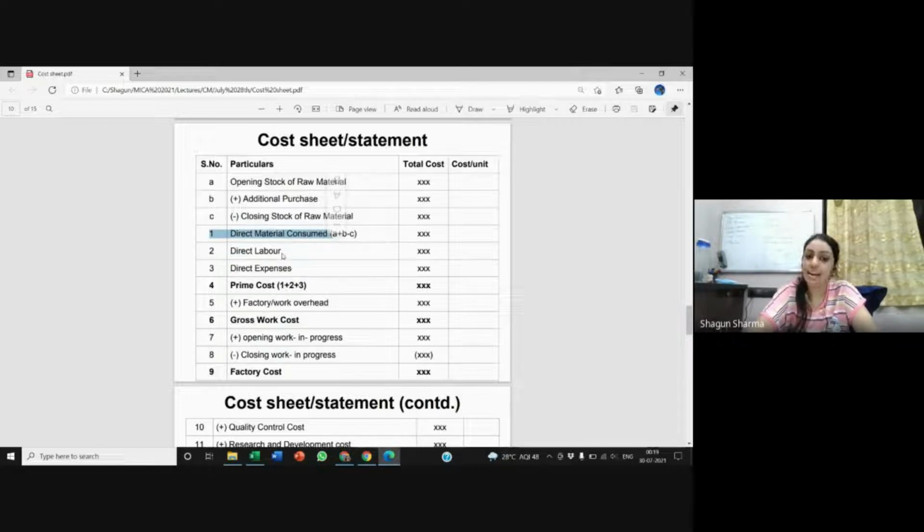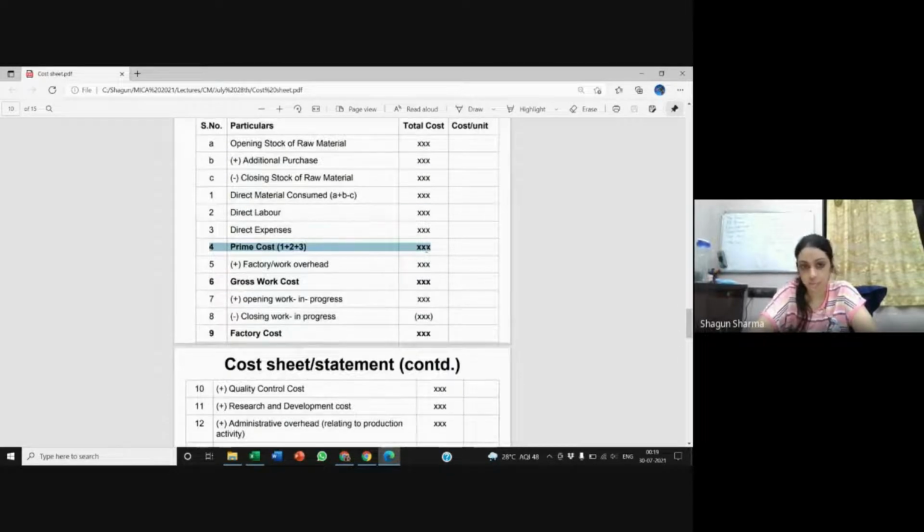To that, I add other direct costs like direct labor, direct expenses to get my prime cost. Okay. We've discussed cost classification in the first session. The first topic was cost classification, so I won't get into direct, indirect now. So yeah, I added direct material, direct labor, direct expenses to get my prime cost. Okay. This is one subheading that is important.